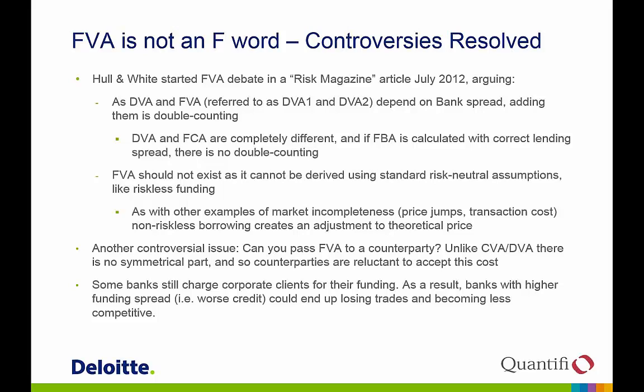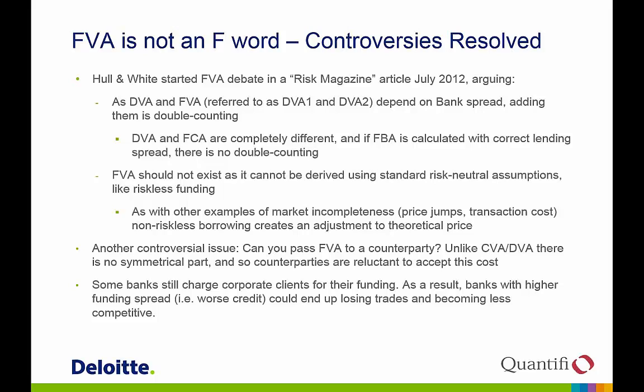We believe this is another example of such incompleteness, where a condition like non-riskless borrowing creates an adjustment to theoretical price. Like previous incompletenesses, it also has to be taken into account with an adjustment. So we don't see anything new here.